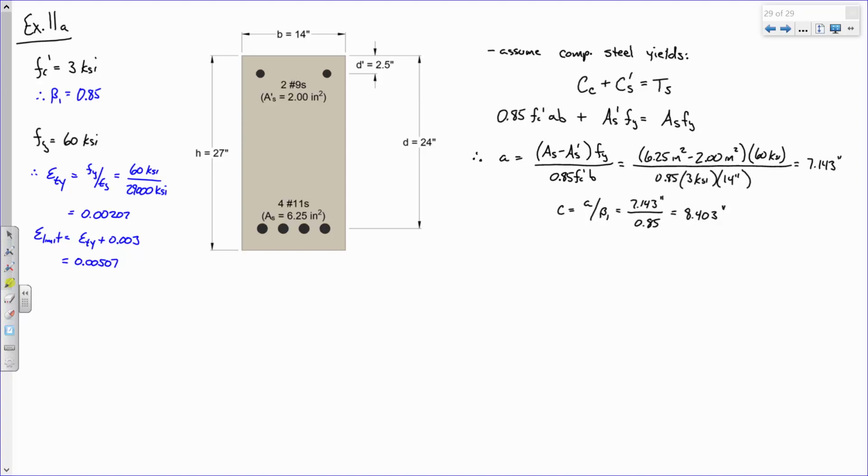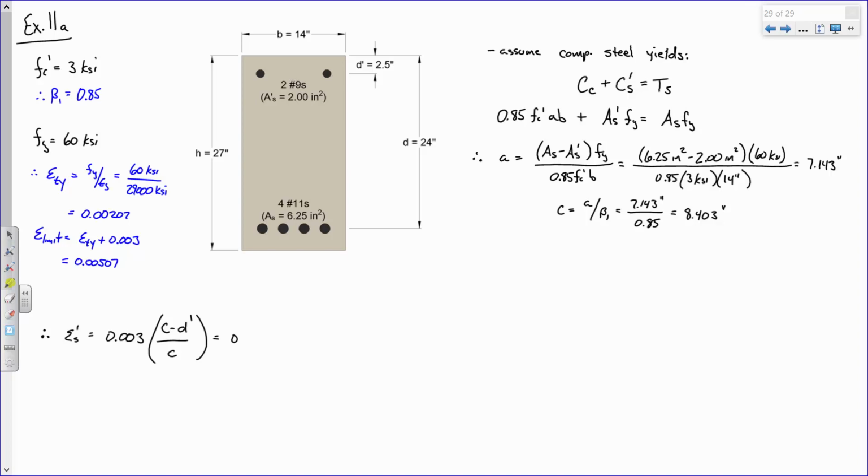All right, so therefore, we have the strain in the upper layer of steel, 0.003 times C minus D prime over C. So again, I'm being real cognizant to ensure that I'm using the primes correctly, because this is where, on an exam or homework, you put in D instead of D prime and the numbers don't make any sense. So make sure that you're really cognizant on that.